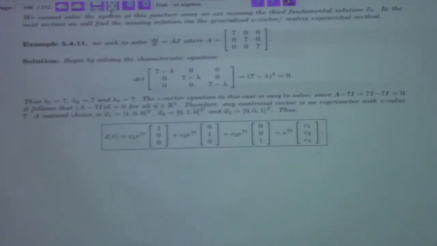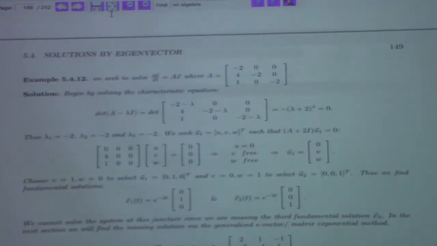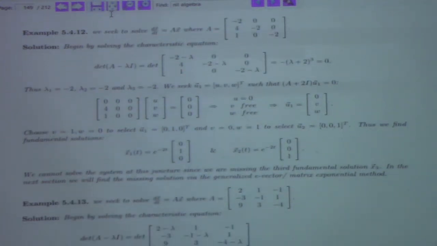Here's a stupid example. This is 7, 7, 7. So this is a diagonal matrix. The solution, I mean, this is just dumb. Whatever. It's just embarrassing. What's the point of this one? Here I have an eigenvalue minus 2 three-peated.